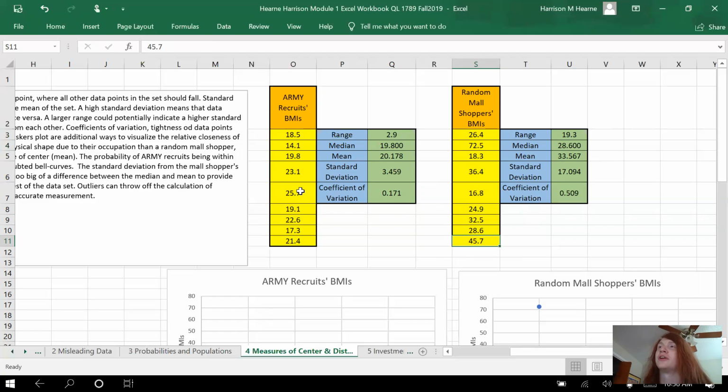Oh, sorry, I messed up on this because this hasn't been arranged in numerical order yet. So actually the largest entry here is that 25.7. Sometimes mistakes happen, that's all right. So 25.7, and the smallest entry is this 14.1.